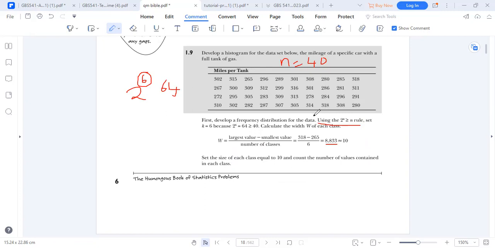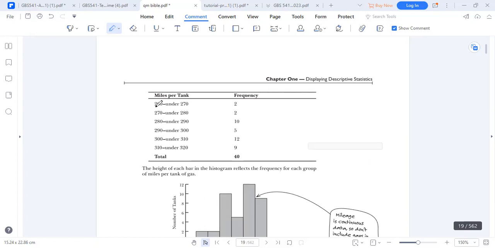For big numbers, sometimes you can use a class width of 5s or 10s. These are easy numbers to work with. And also we adjusted, instead of starting at 265, to 260 to capture this range. So you are at liberty, it's still okay. All right, thank you.